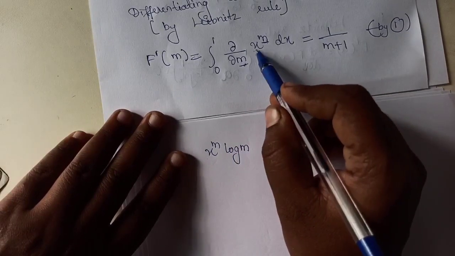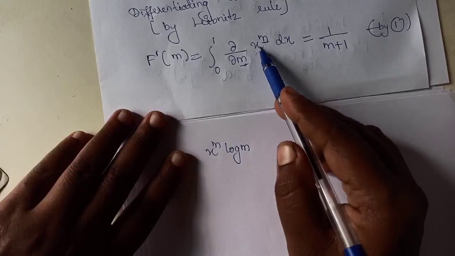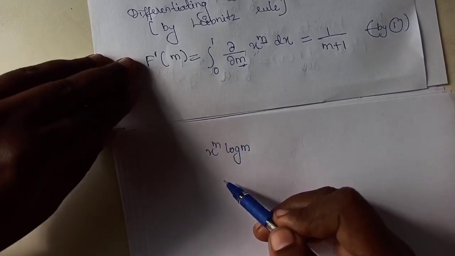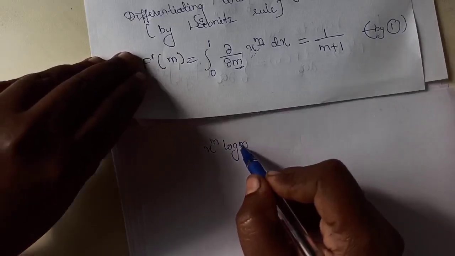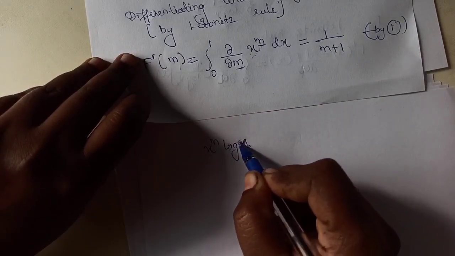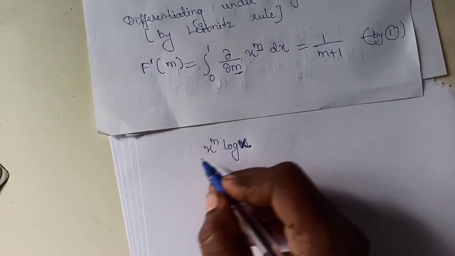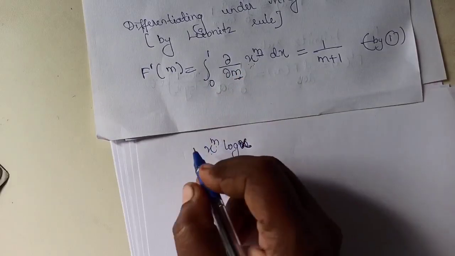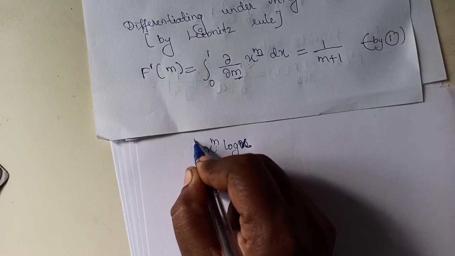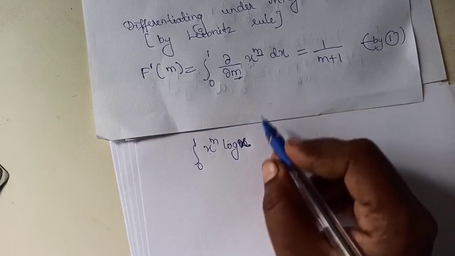A raised to x differentiation is a raised to x into log a, and here in the place of a we have x. So this is not log m, it is log x: x raised to m into log x. So differentiating under the integral sign, we get the integral 0 to 1 of x raised to m into log x into dx as it is.